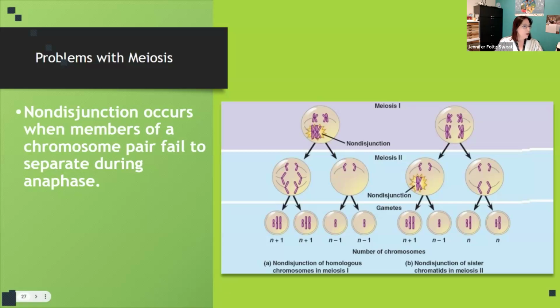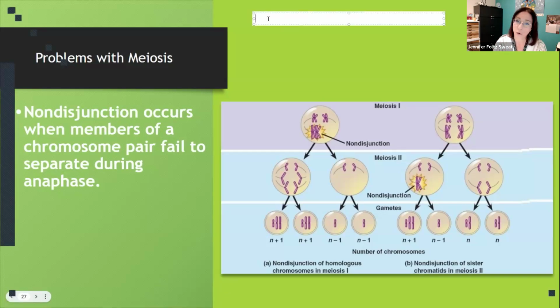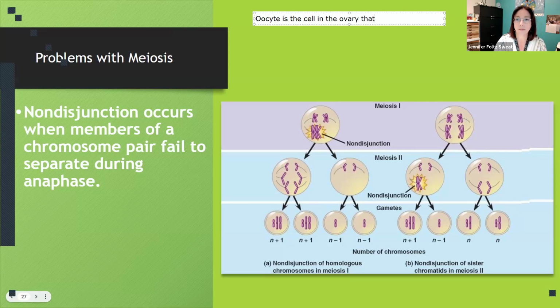So in women, we have what's called an oocyte. And so the oocyte is the one that will then undergo meiosis and give you 4 eggs, right?